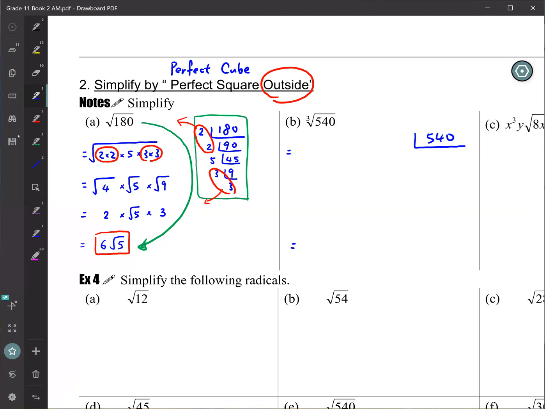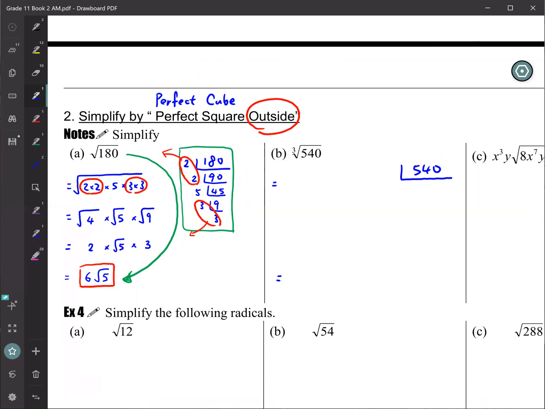Just question B. You do not need to do so many steps, okay?